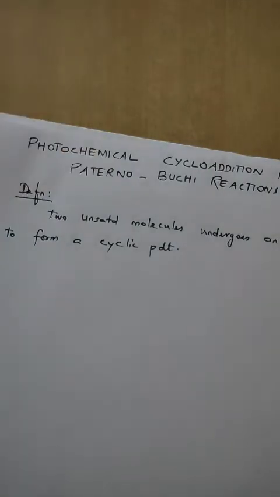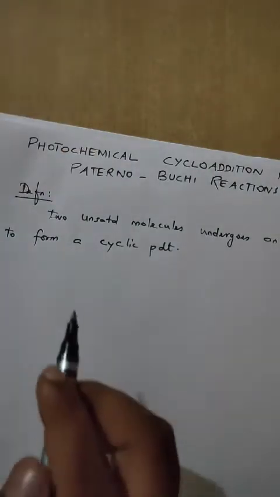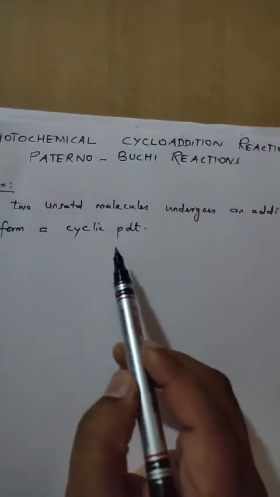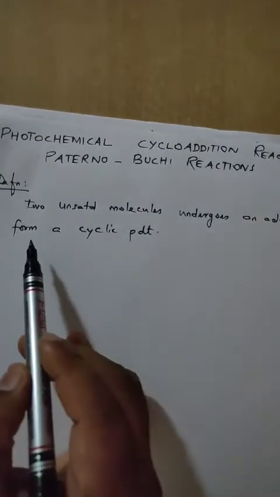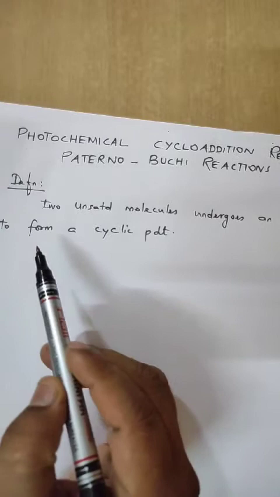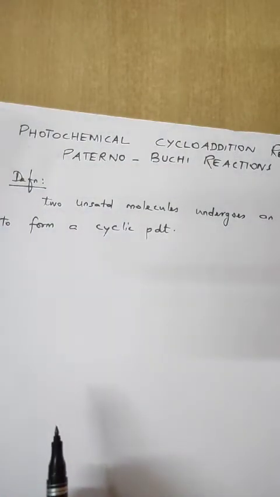Okay, to form a cyclic product, two unsaturated molecules undergo addition to form a cyclic product.